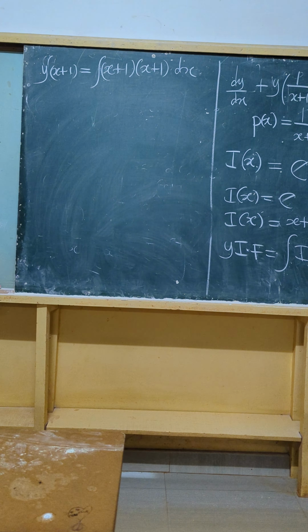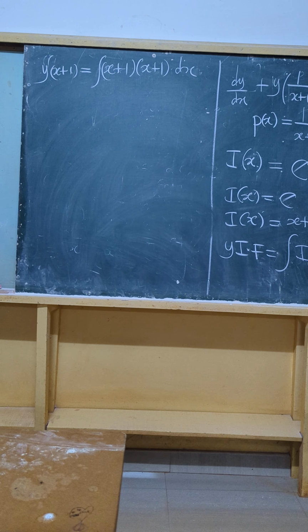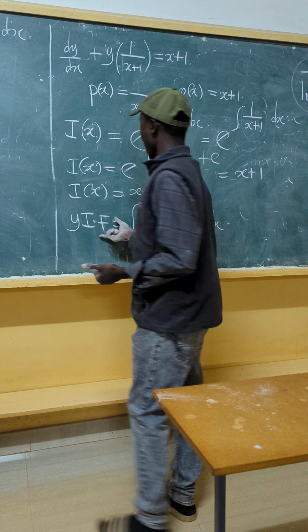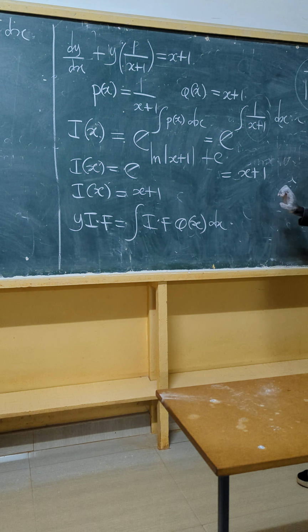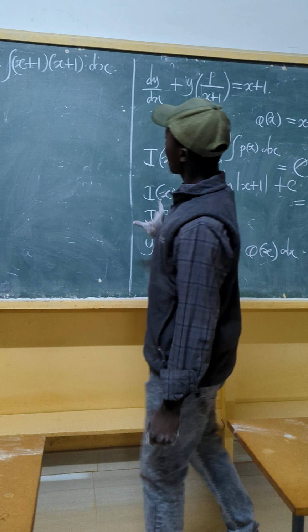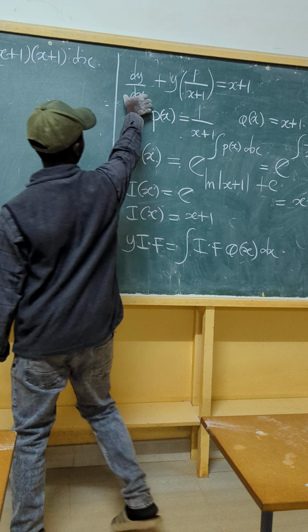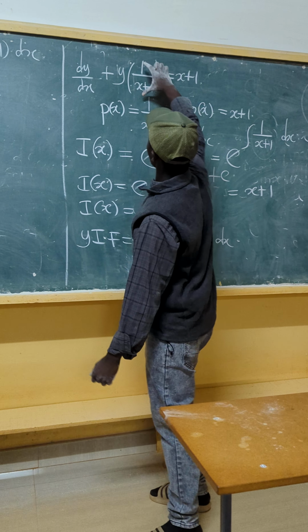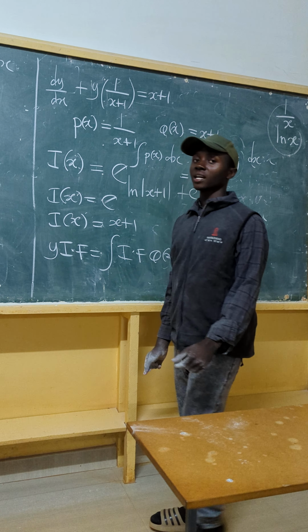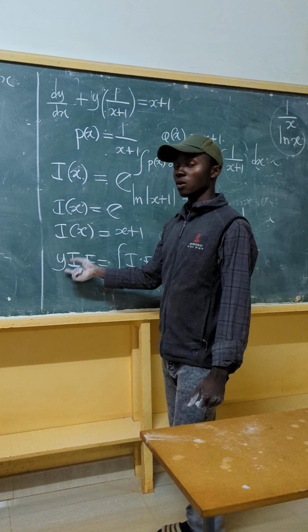So here, the secret is that when you find the integrating factor, you should multiply it with the general equation which they have given you. When you multiply this part with the integrating factor, you get the integrating factor itself, but you need to introduce the y.